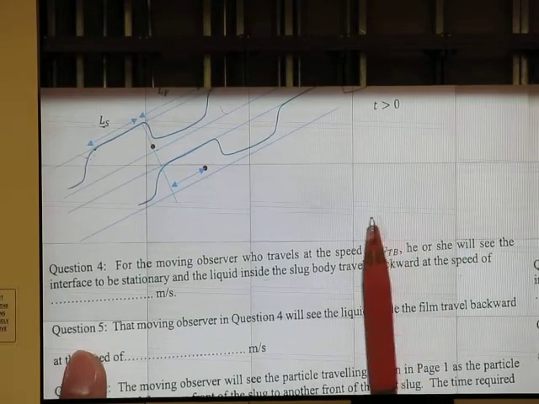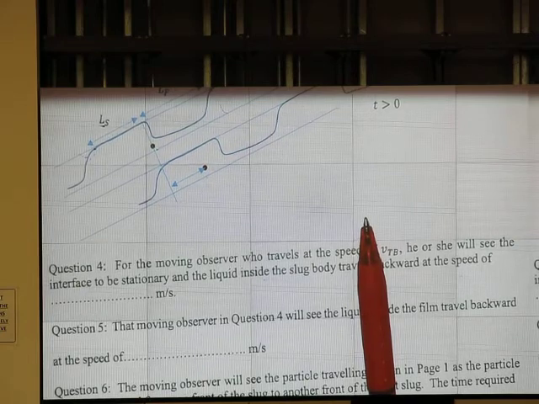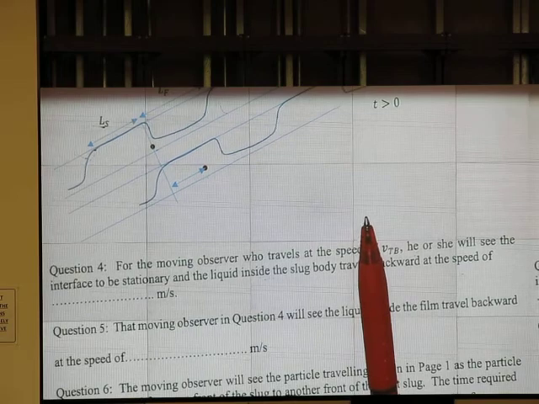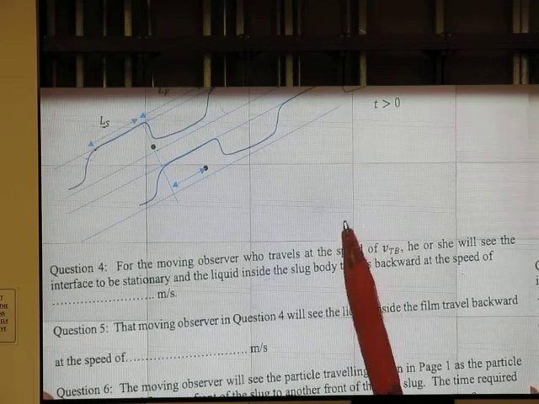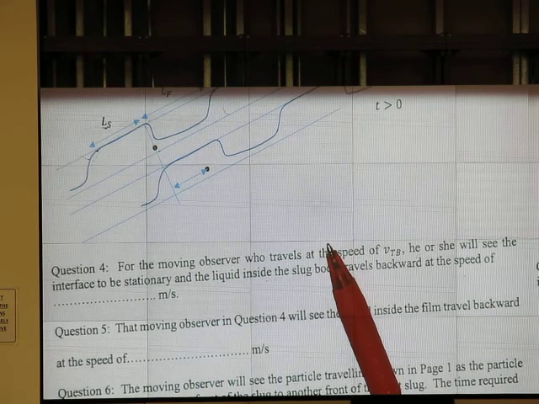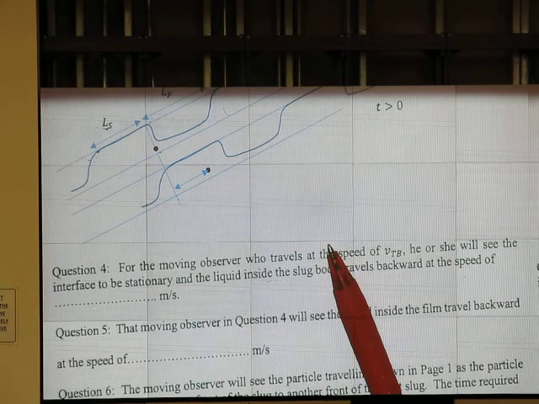So for the front interface, the front moves at the speed of VTB. That's how fast the front moves. If we have the observer travel with the front, the observer will see the front doesn't move, right? Make sense?